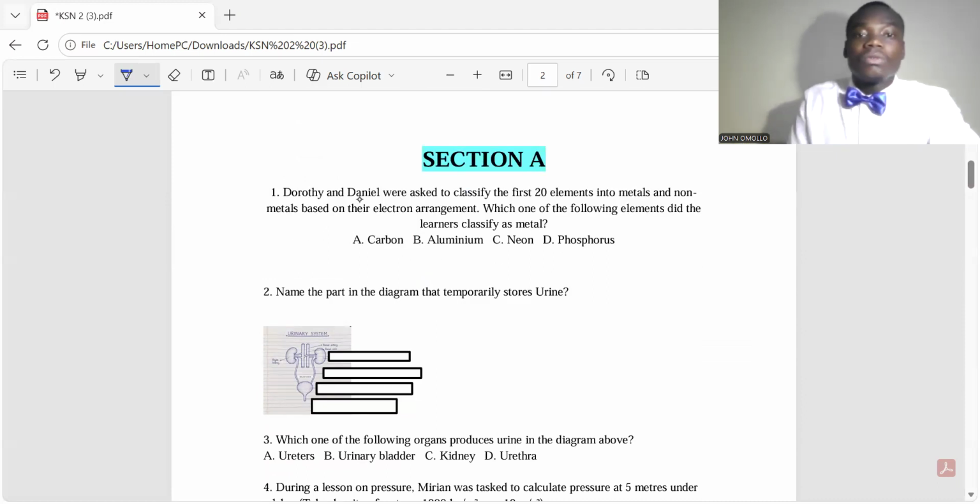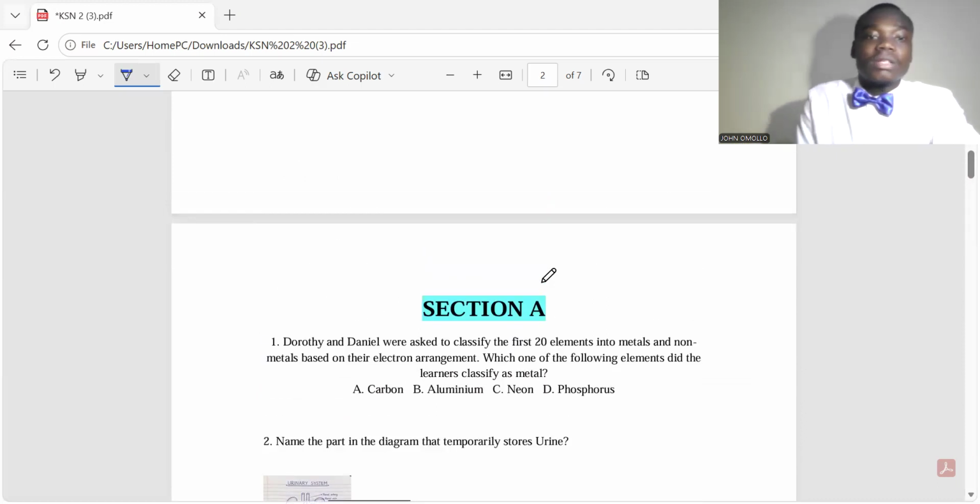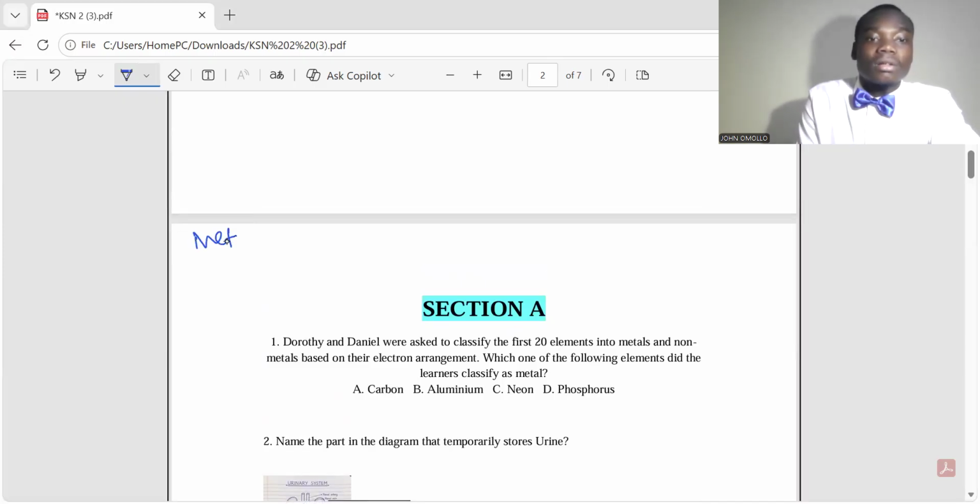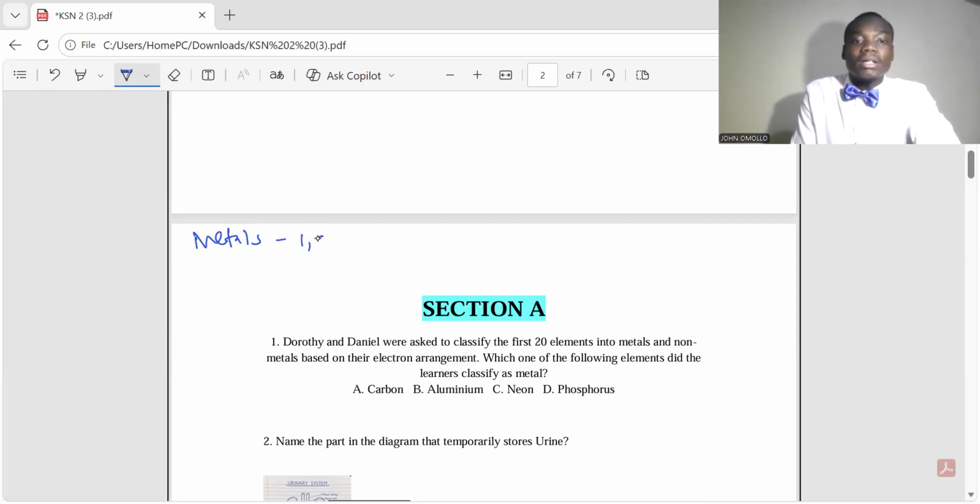Now let's move to what metals are and what non-metals are.